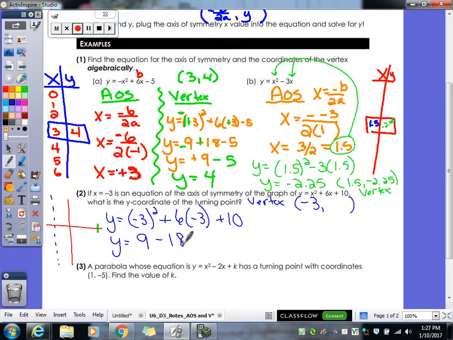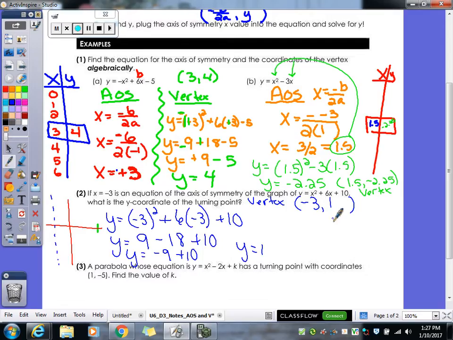Minus 18, kind of like another problem, plus 10. So 9 minus 18 is going to give you a negative 9. Negative 9 plus 10 is going to give you 1. Y equals 1. So our vertex is negative 3, 1.